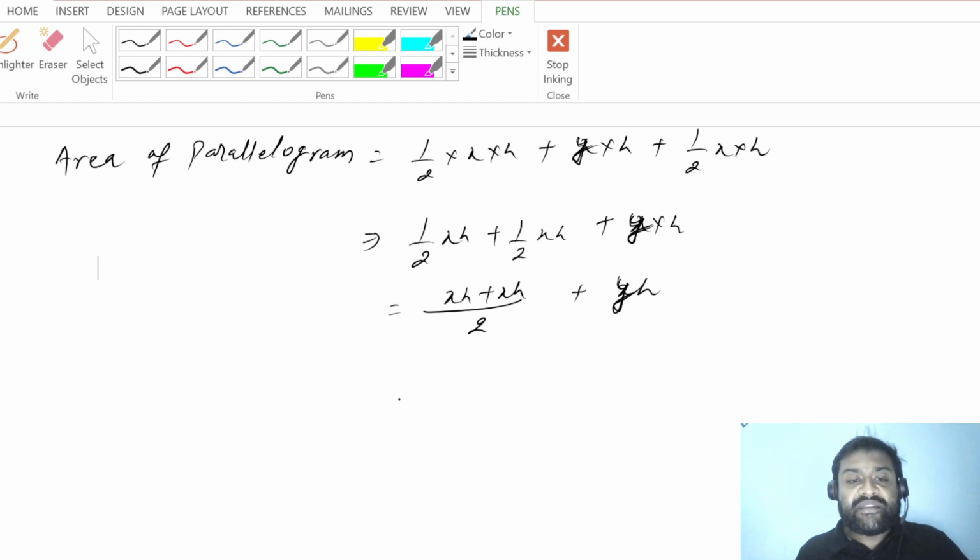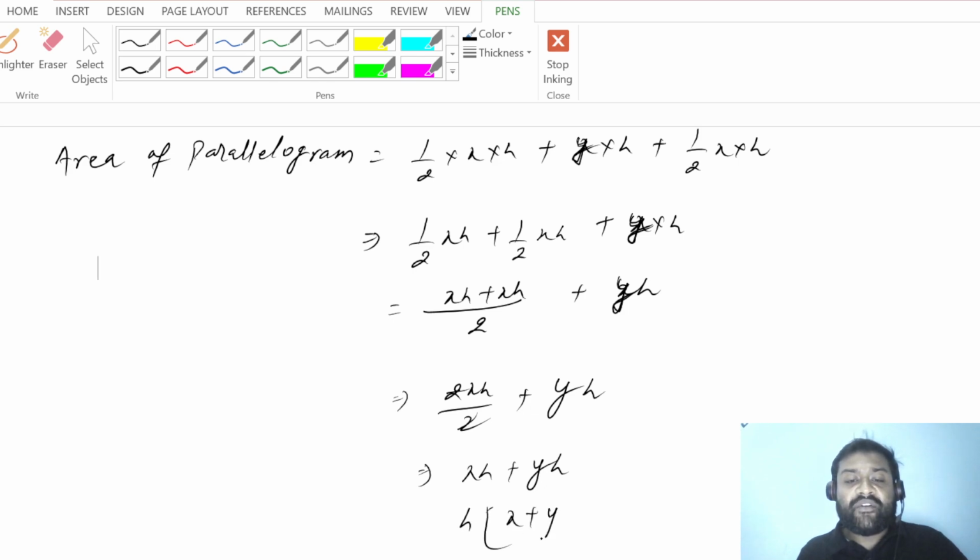So this will be 2xh plus 2yh over 2; the 2 got cancelled, so we can write xh plus yh. Take out h as common, so it is x plus y into h.